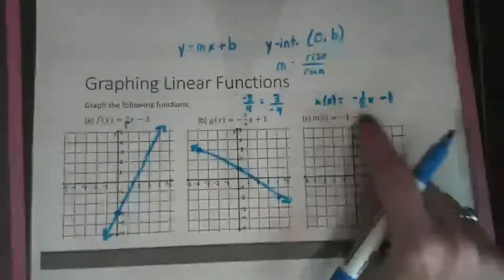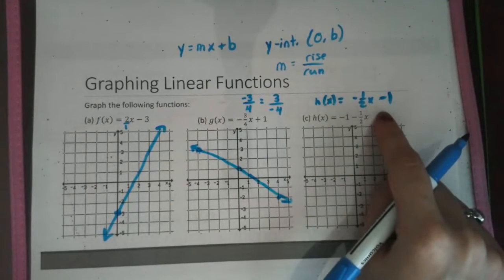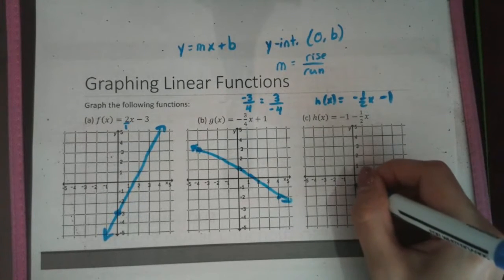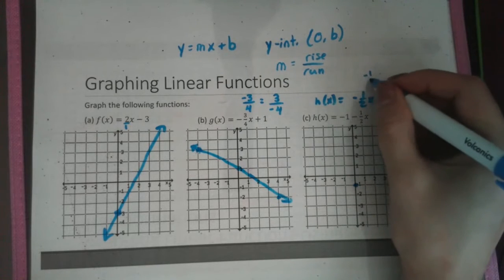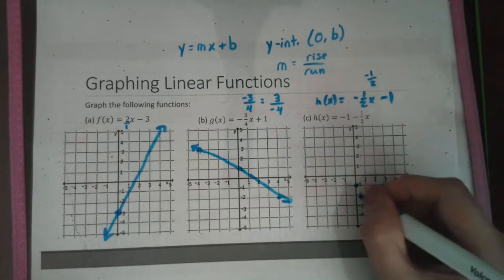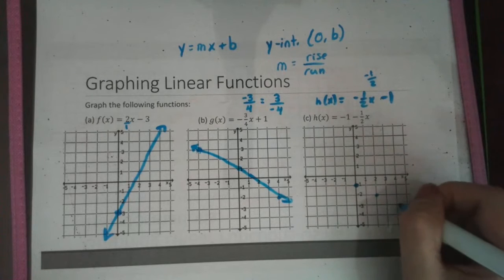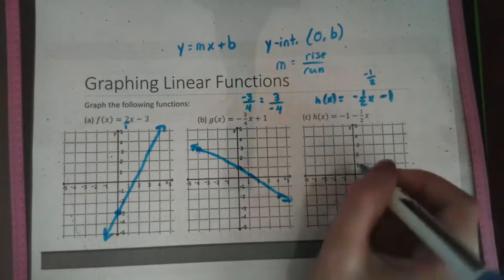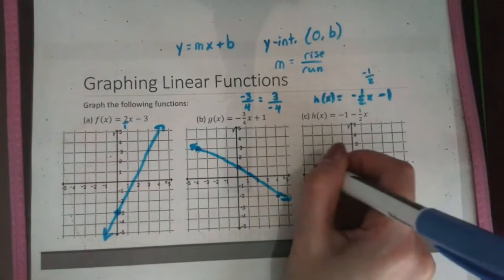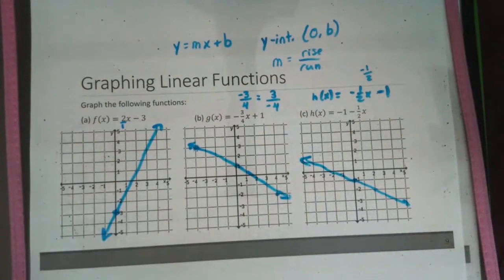Our slope is -1/2. Our y-intercept is at 0, -1. So I'm going to start by putting a point there. I think of -1/2 as -1 over 2. So I can go down 1 over 2, down 1 over 2. And that's what we're looking at.